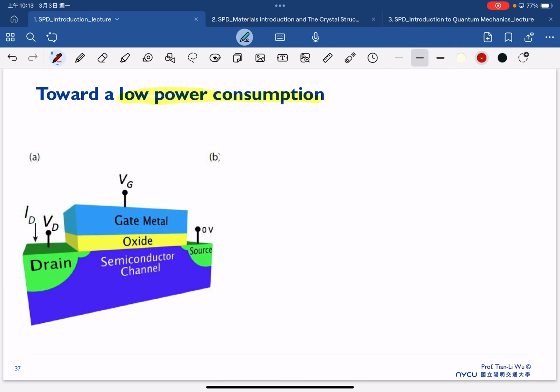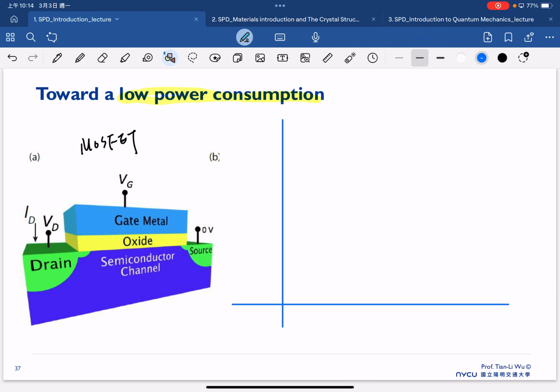In the left-hand figure is a typical MOSFET. Now I think everyone is very familiar with the general operation of the MOSFET. Inside the MOSFET, we are very interested in understanding the drain current versus gate voltage.